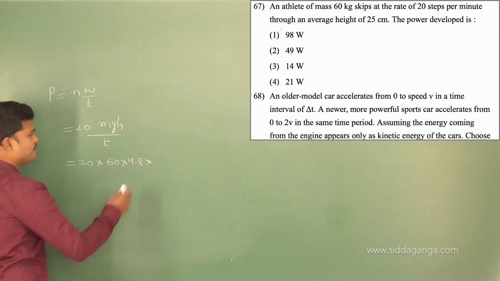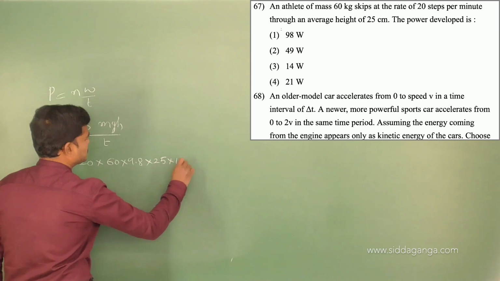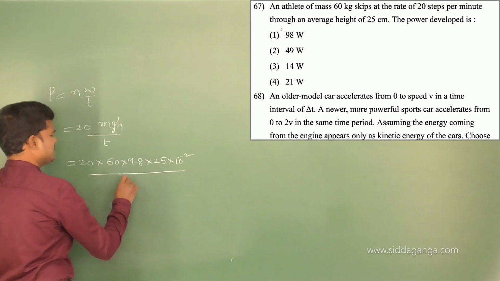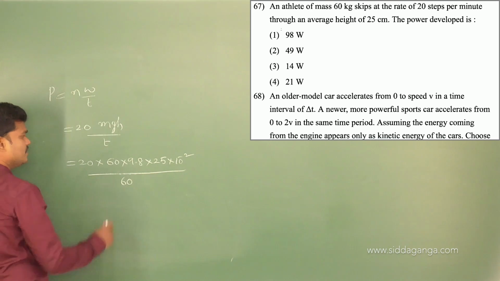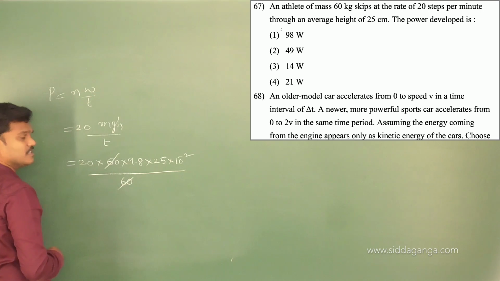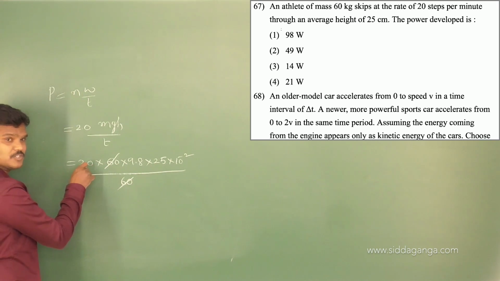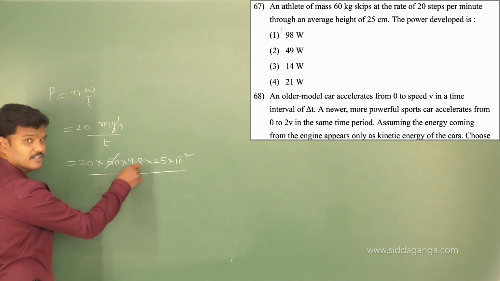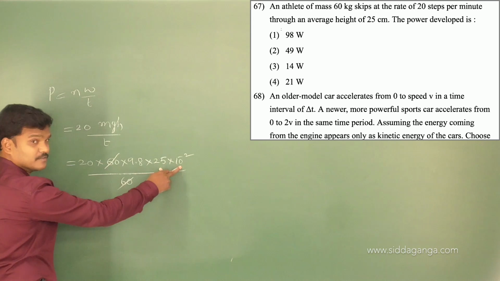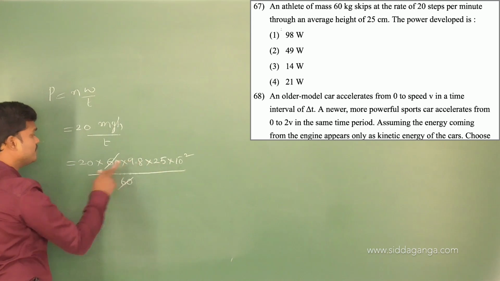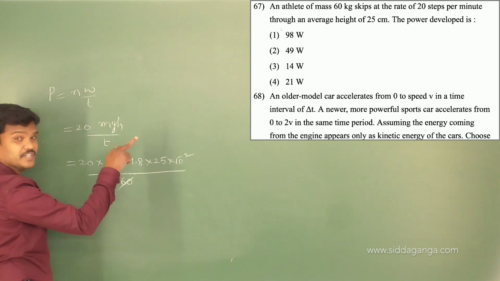Let us see. 9.8, height 25 centimeter, that is 25 times 10 raised to minus 2. Per minute means time is 60 seconds, so the 60 cancels. 25 times 20 is 500, times 9.8, approximately 5000 into 10 raised to minus 2, nearly 50.